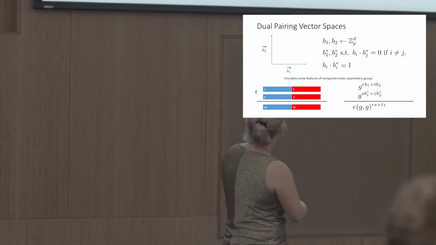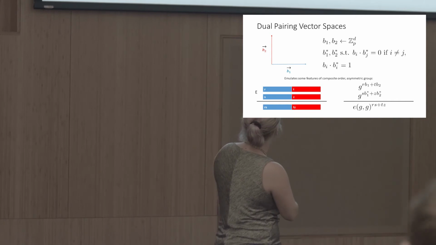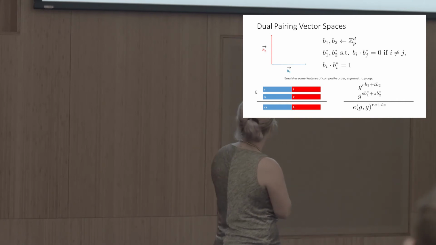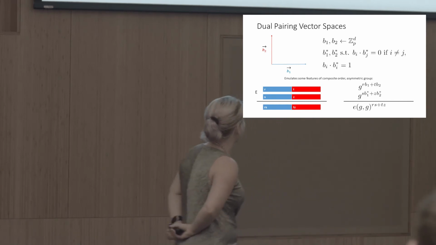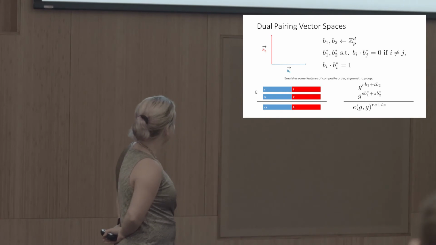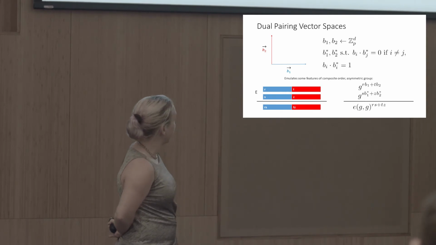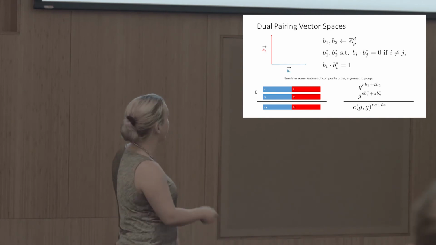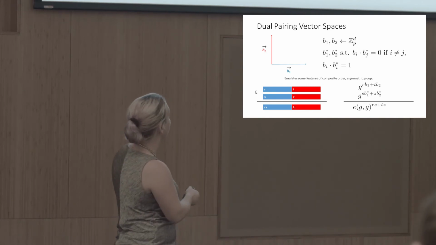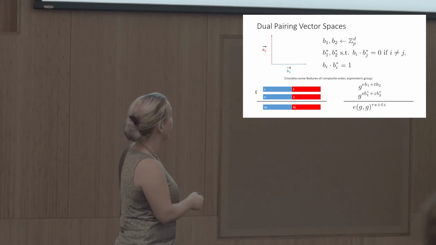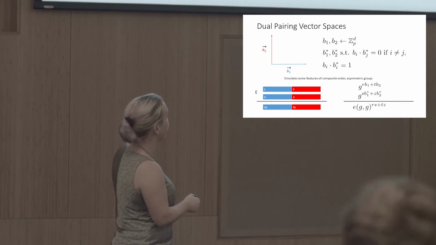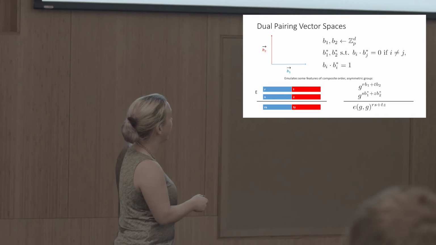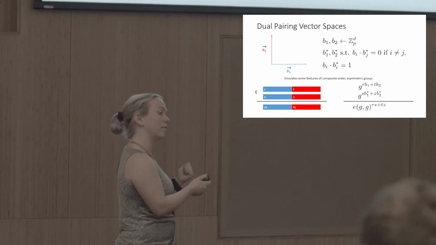And so we can think about substituting for these independent spaces by using two different dimensions in the exponent. So we're going to pick, let's say, two random vectors b1 and b2 from a d-dimensional space over a prime field, and we can declare a dual basis, b1 star and b2 star, such that whenever we take a dot product of bi times bj star, it's going to be 0 if these indices are not equal.